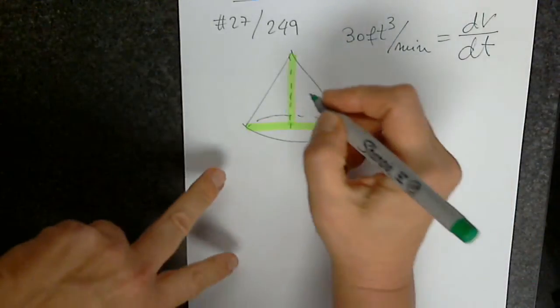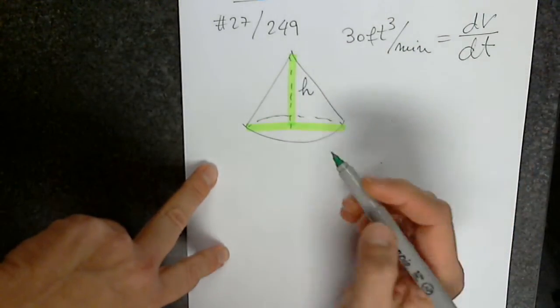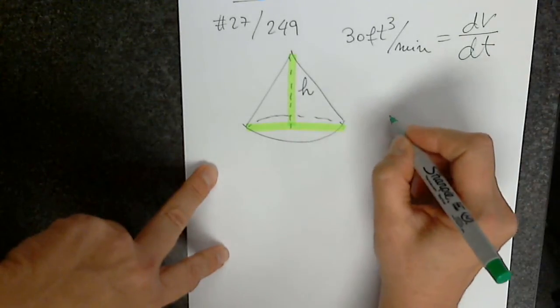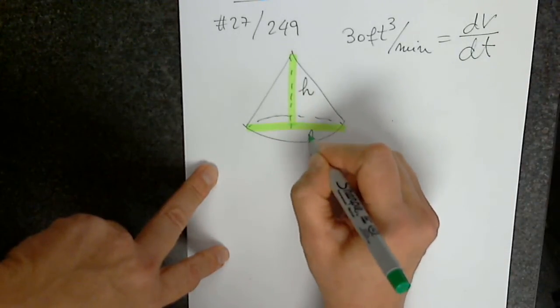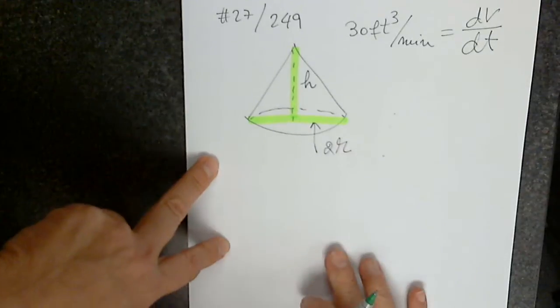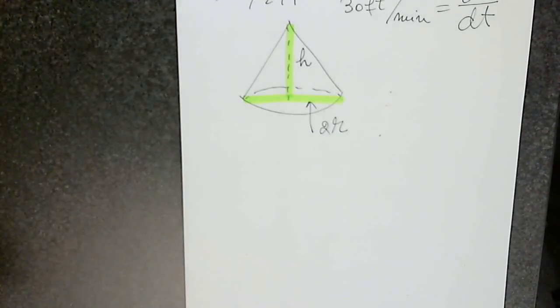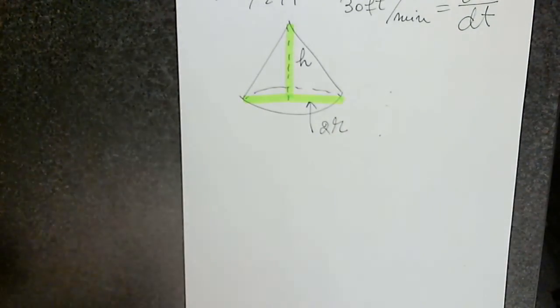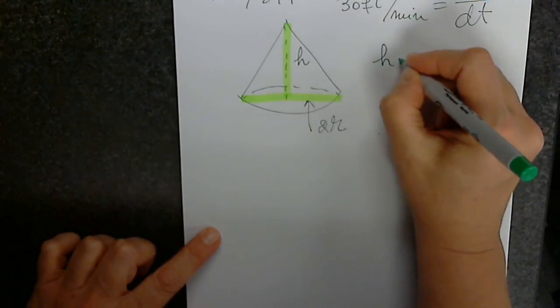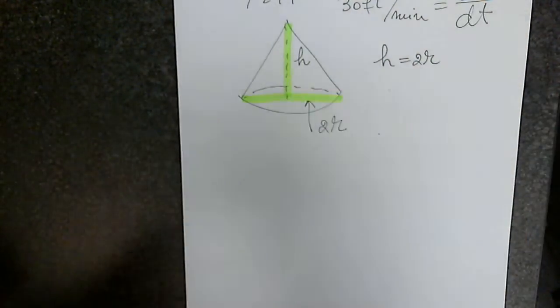I'm going to call the height h. I'm going to call the base diameter 2r. So this is twice r. And I'm told that at any point in time, h equals 2r.